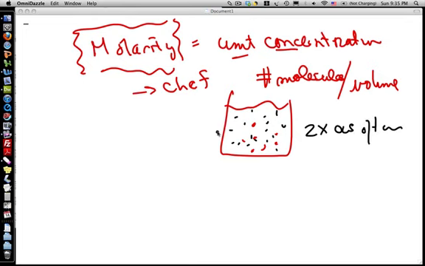Or that could be a hormone in your blood and a hormone receptor: double the concentration of the hormone, and the receptor is filled twice as often, and the response is doubled, kind of like that. And so concentration is a big deal, so molecules per volume, and the chef chemist said, let's make a shorthand. Let's call these molecules moles, and we'll work in moles per liter.